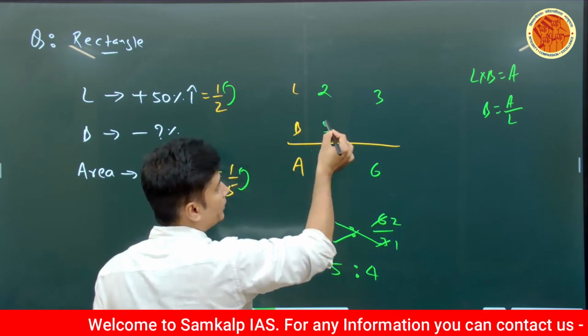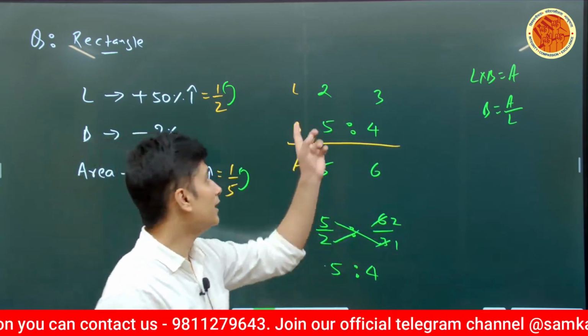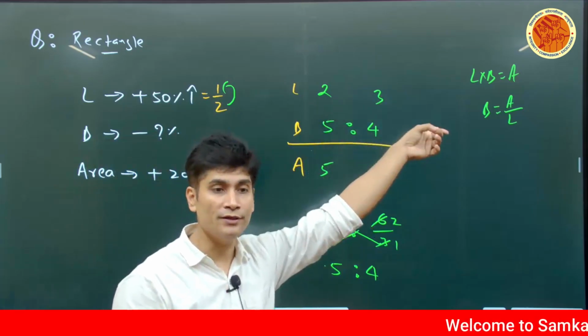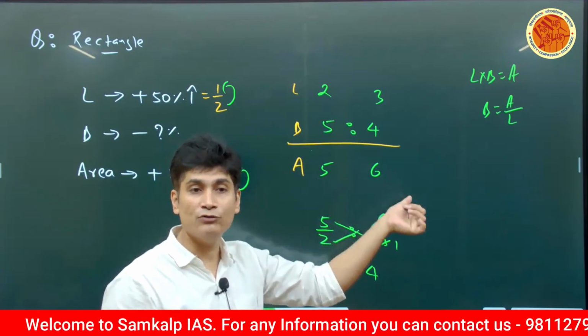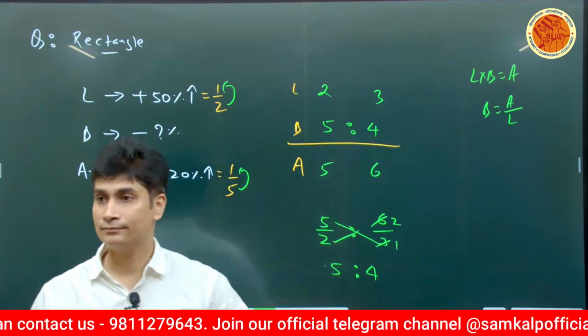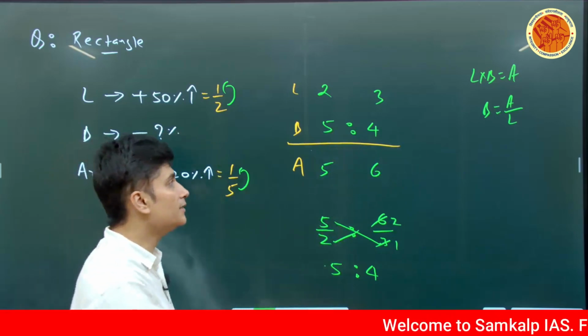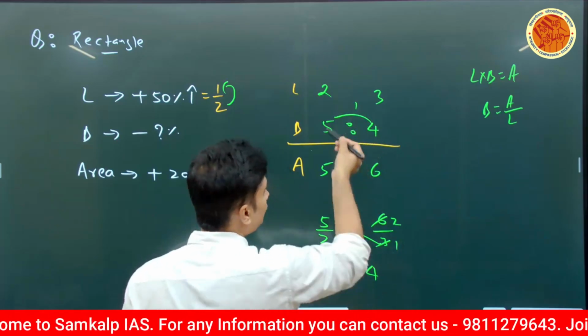Write down: breadth should go from 5 to 4. So that means if length goes from 2 to 3, then you need area to go from 5 to 6. It is only possible when breadth decreases from 5 to 4. Now breadth decreases from 5 to 4, the value decreases by 1 unit, and 1 unit decrease on 5 multiplied by 100.